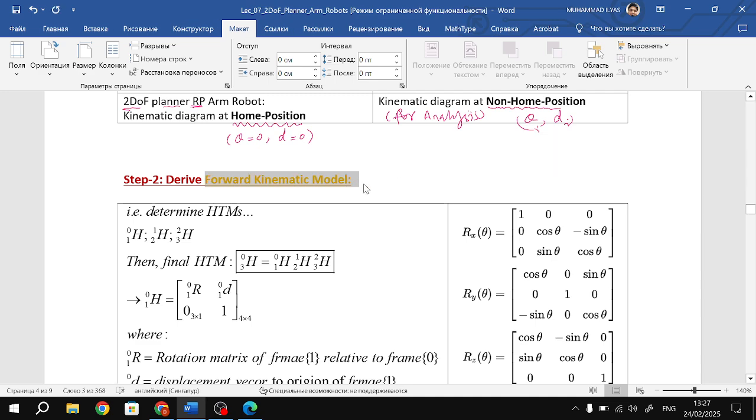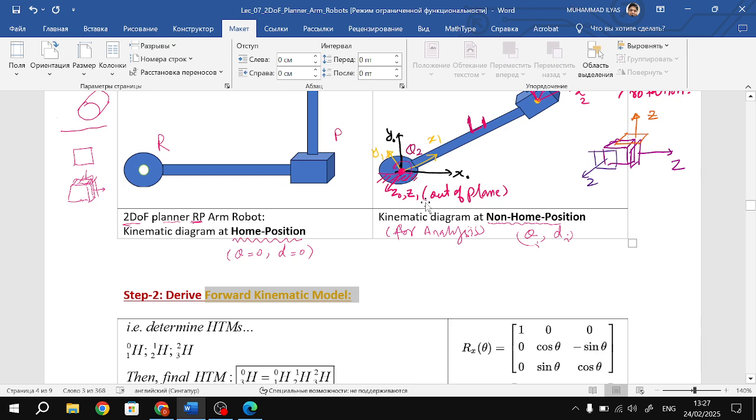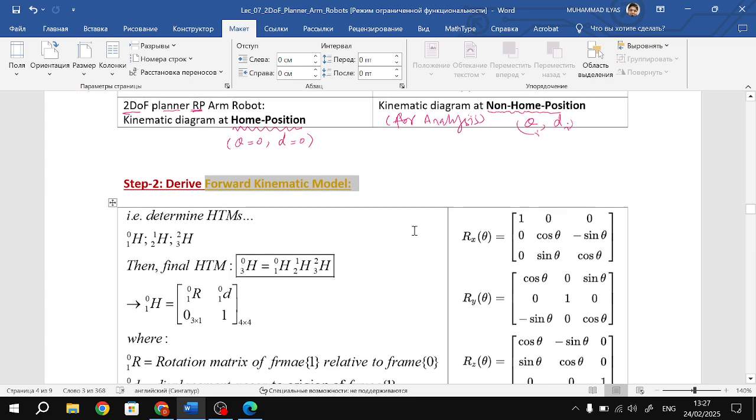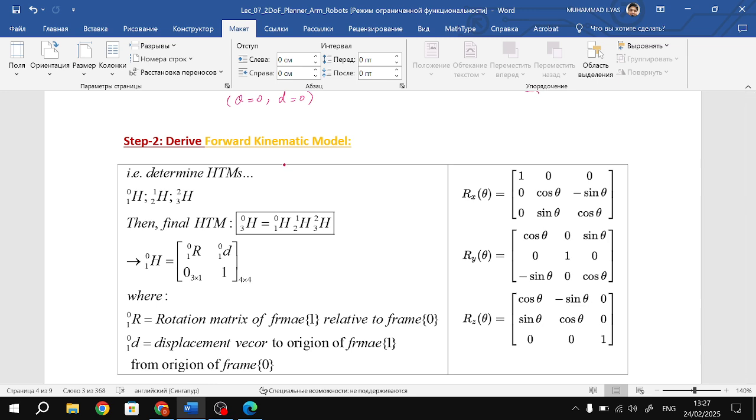We use this kinematic diagram to make our forward kinematic model. We'll use the HTM approach, homogeneous transformation matrix approach, right?